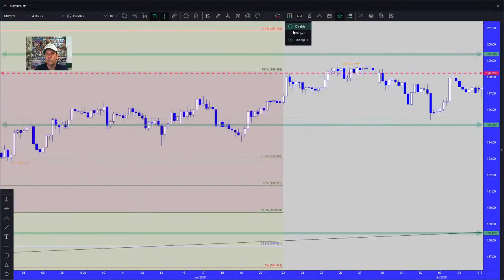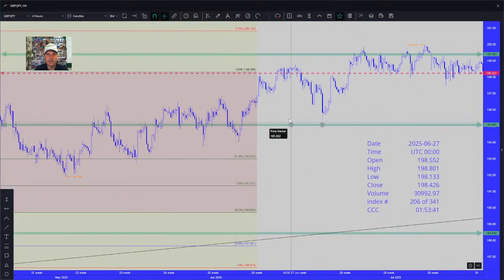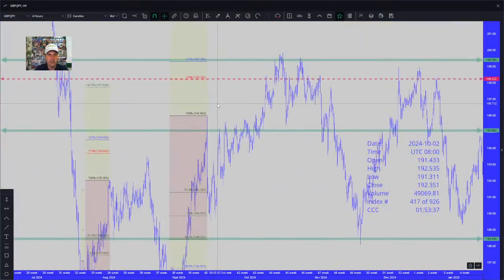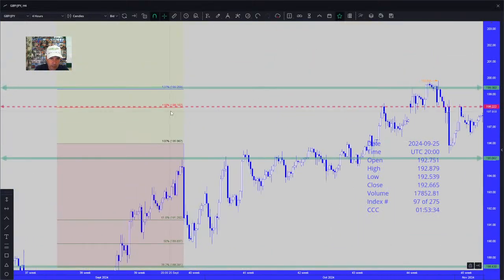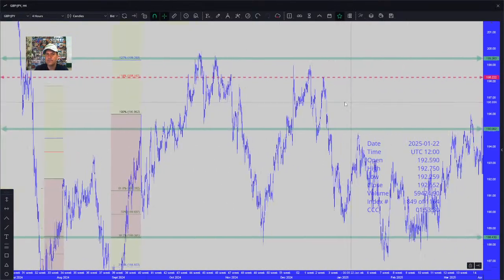Where is the widget, everybody? Here. And I need to confirm this high. What's the high? 19819. 19819 and 19816. Alright, so that's a high.